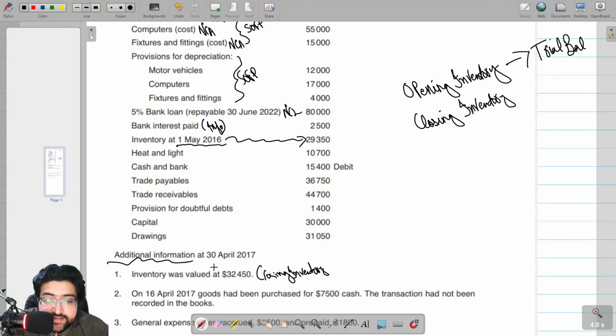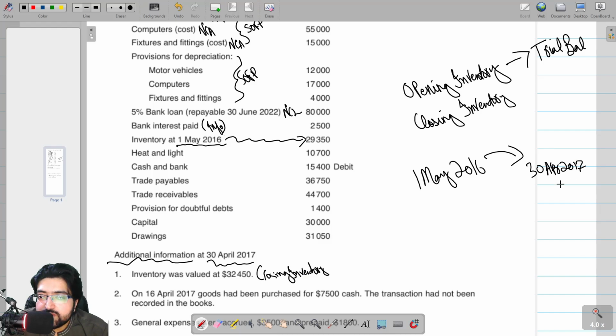The earlier date is always the opening inventory and the later date is always the closing. So this one is given at 30th April 2017. This inventory is given at 1st May 2016, which is the earlier date. So the opening inventory is given at the start of the year. Our accounting year is from 1st May 2016 till 30th April 2017.